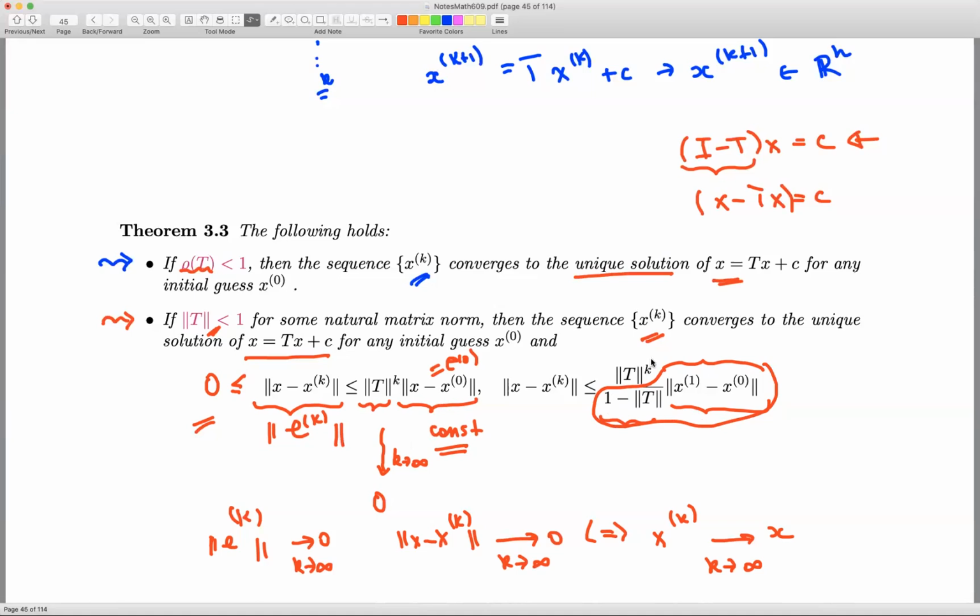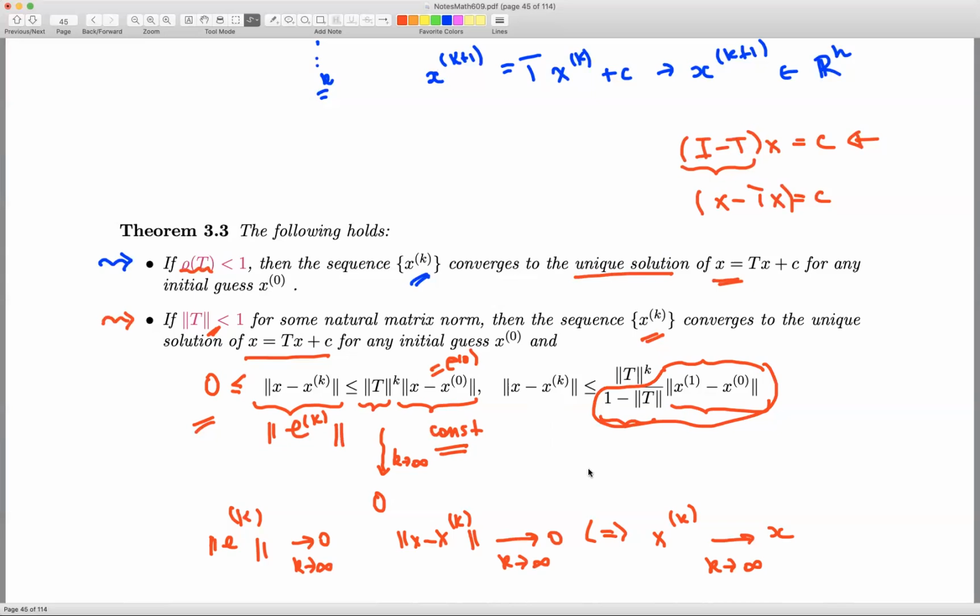And again, here we see that when k goes to infinity, the norm of T to the power k will go to 0. And again, we will have that xk will converge to x.